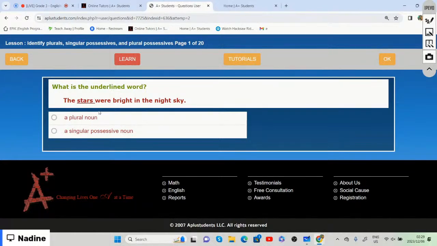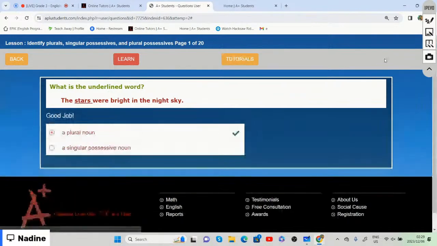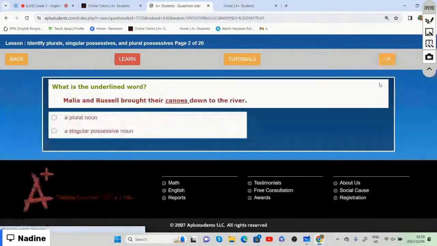We said stars, no apostrophe, and yes, we will go with option one because it is a plural noun. And option one is correct, so well done.